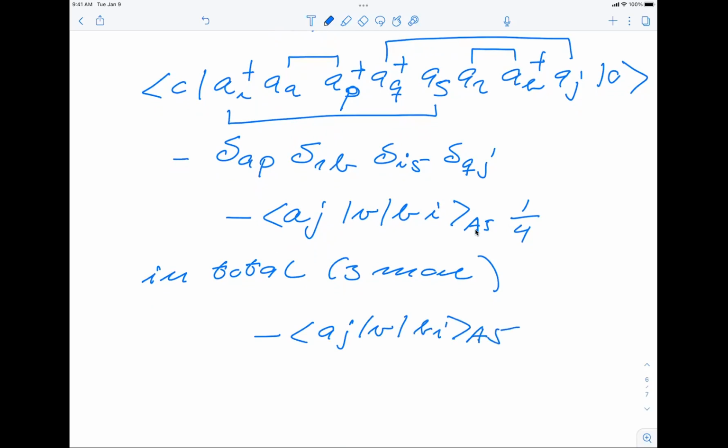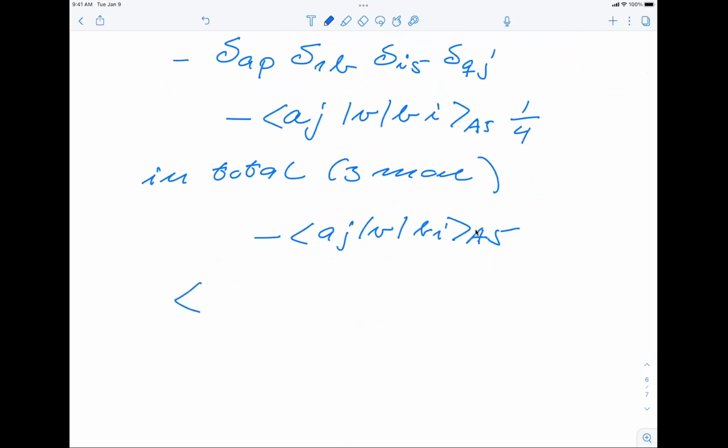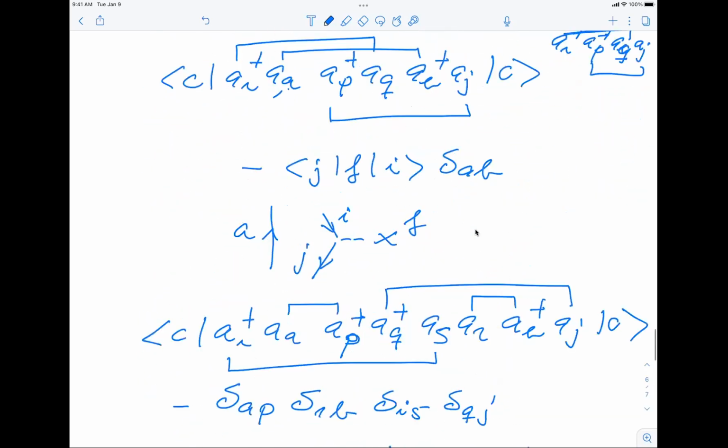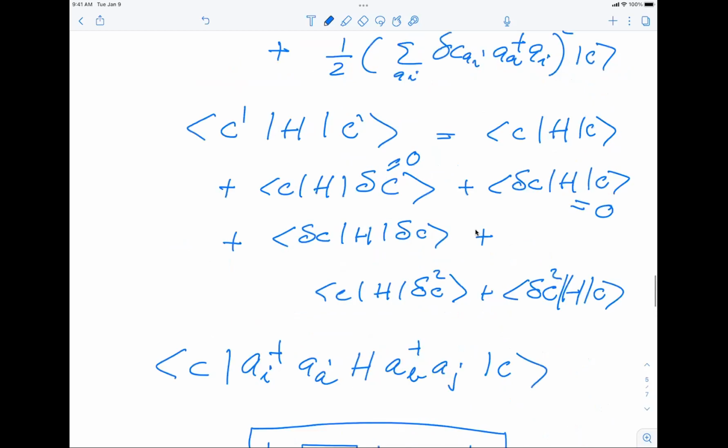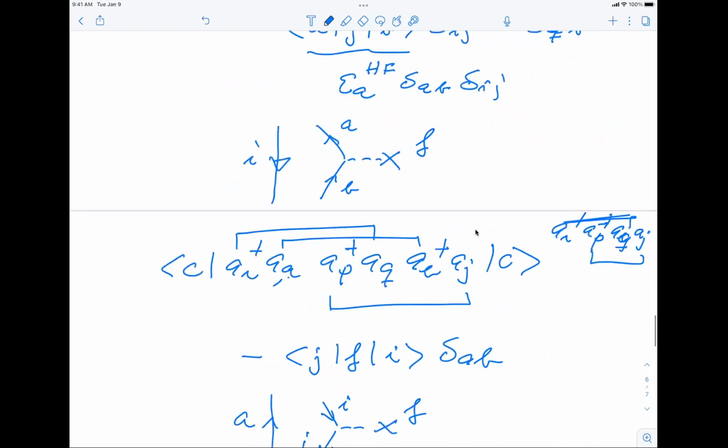So what we got from this term, with the C and the C times H, and then, sorry, C plus, I have to bring it back here. So this is delta C, delta C.